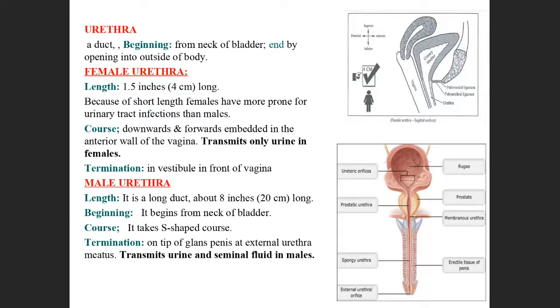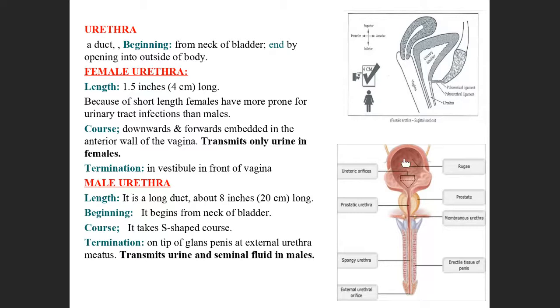Next is the urethra. What is the urethra? Whatever urine is collected in the urinary bladder, it comes outside. The urethra begins at the neck of the urinary bladder and ends by opening outside the body.